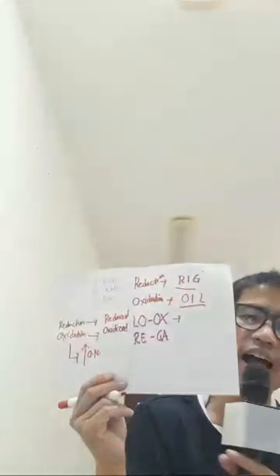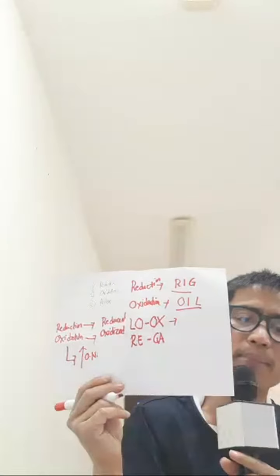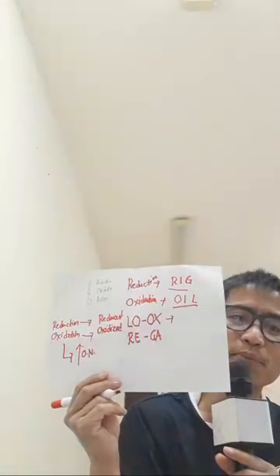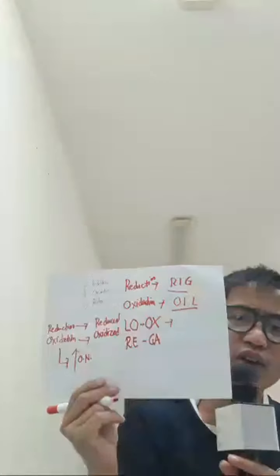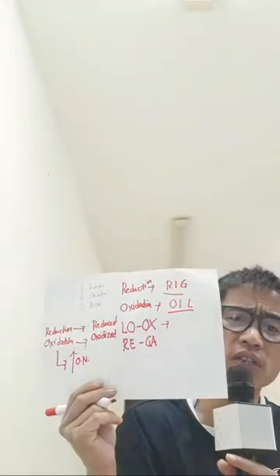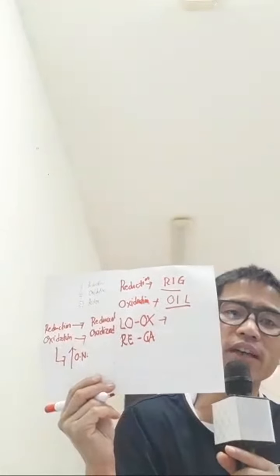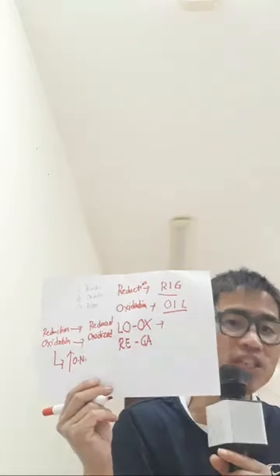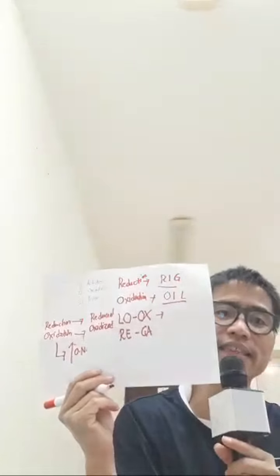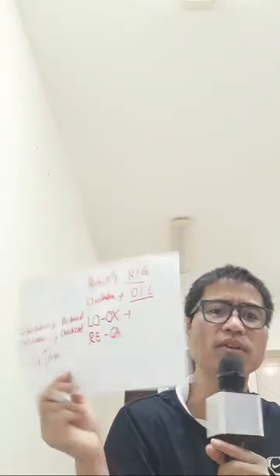Oxidation, arrow up, ON up, meaning to say, in the process of oxidation, there's an increase of oxidation number or the oxidation state. Oxidation state is the same as oxidation number. And then the reverse holds true.